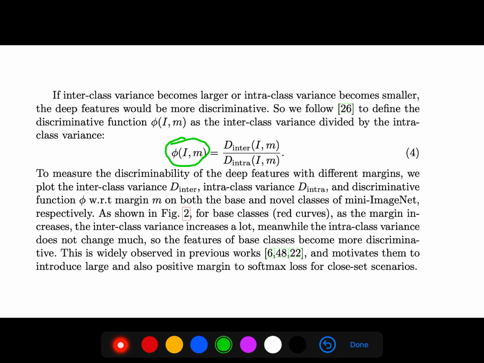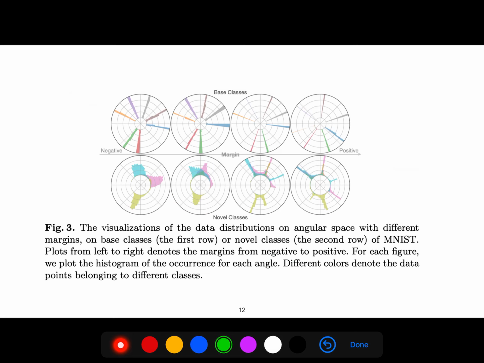To measure the discriminability of deep features with different margins, we plot the interclass variance, intraclass variance, and discriminative function with respect to margin m on both the base and novel classes of mini-ImageNet. So you see the margin goes from negative to positive, and we do it for base classes as well as novel classes.